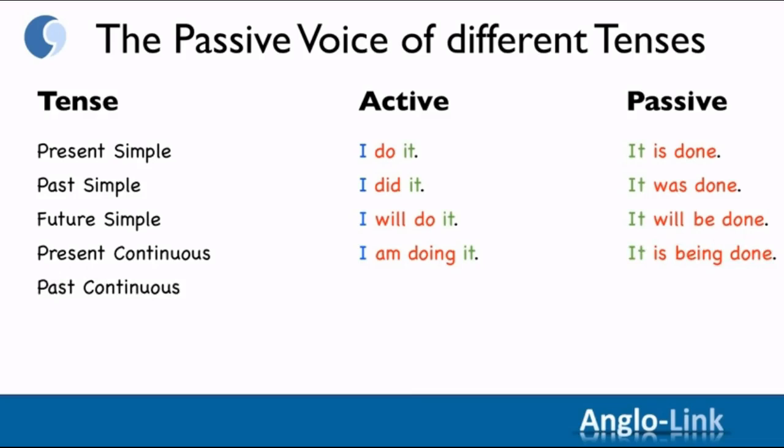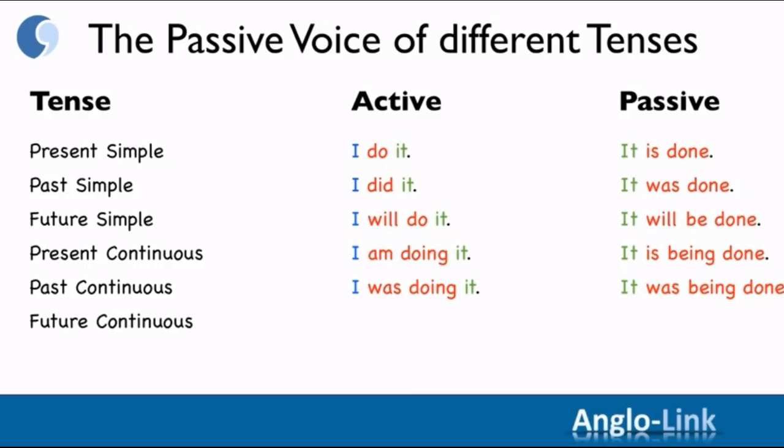Past continuous, I was doing it. It was being done. Future continuous, I will be doing it. It will be being done. Present perfect, I have done it.